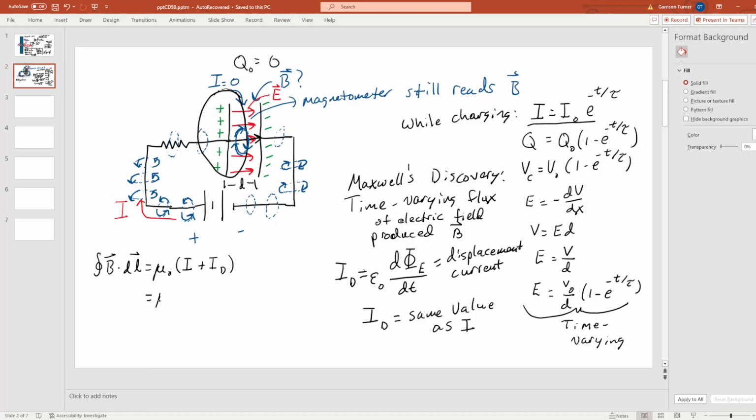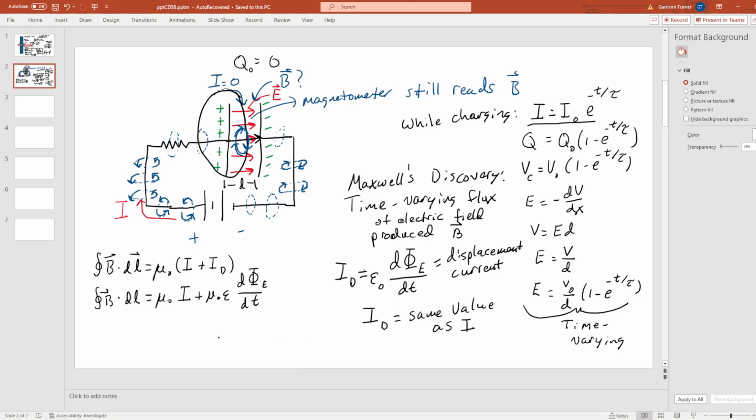So the complete Maxwell's equation for Ampere's law is given by this. Okay, so this is the complete Maxwell's equation.